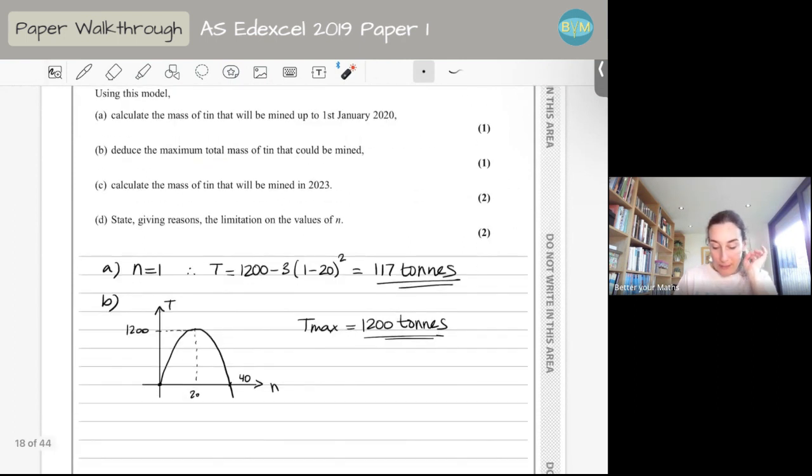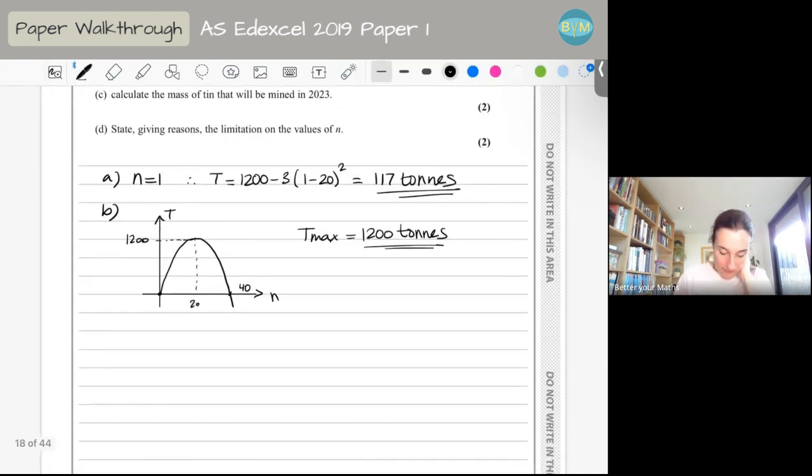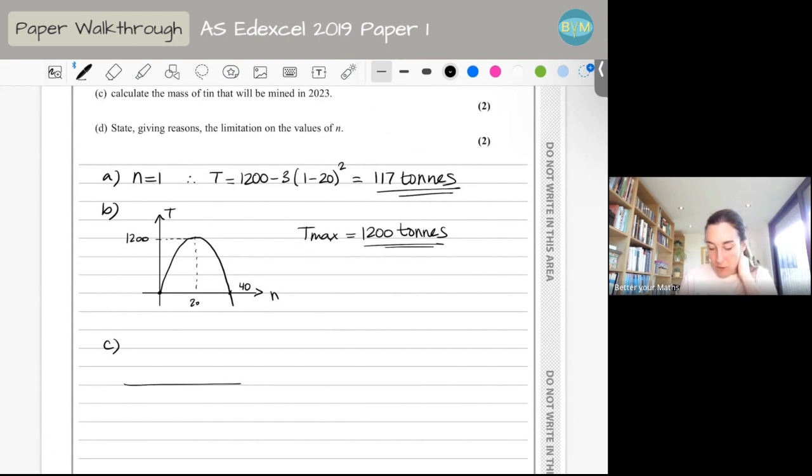What we can do is calculate the cumulative up to 2024 and then subtract the cumulative until 2023. I hope that makes sense. So you have a certain amount up to 2024. You can calculate that because in this case, n is 5. And then you have another amount up to 2023 because n is 4.